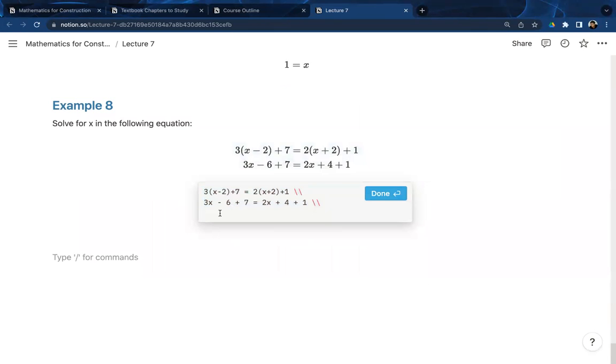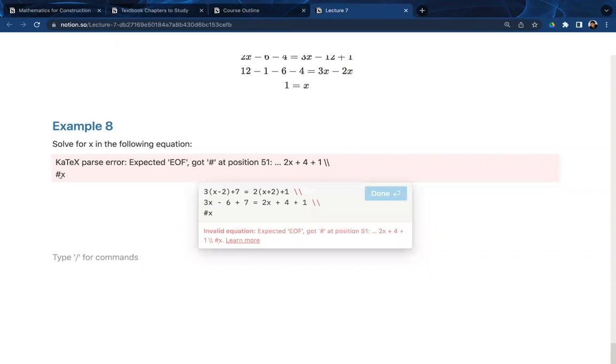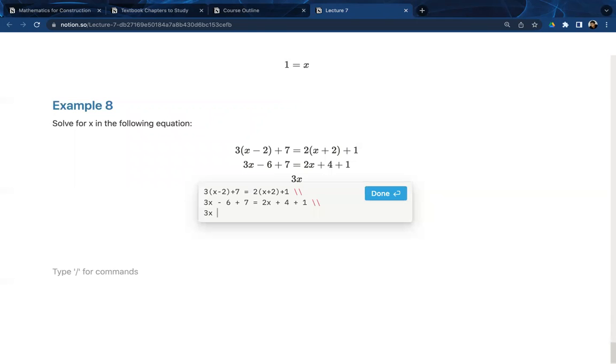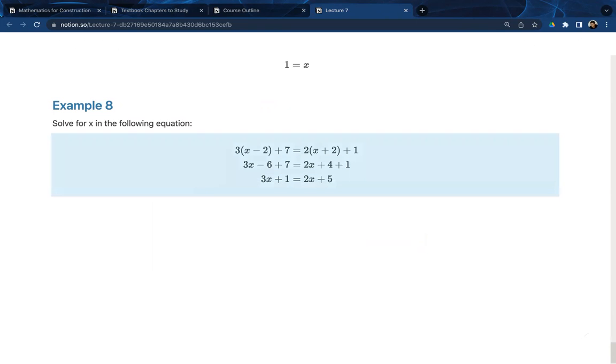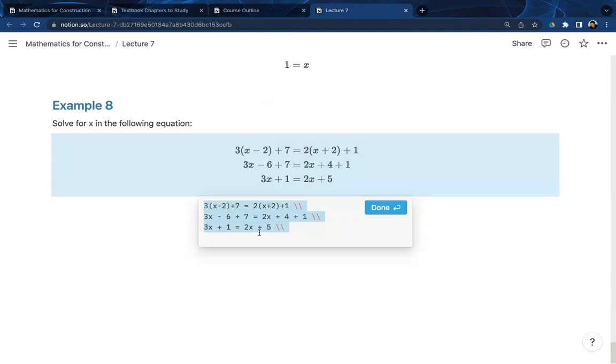We could simplify the left-hand side and the right-hand side independently, okay? Minus x plus 7, switch it around. Minus x plus 7 is the same as 7 minus x, right? Which is 1. And this is 2x plus 5.